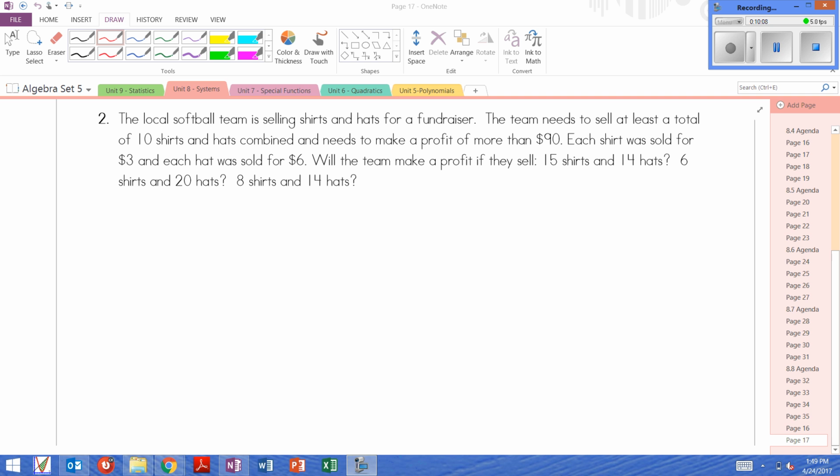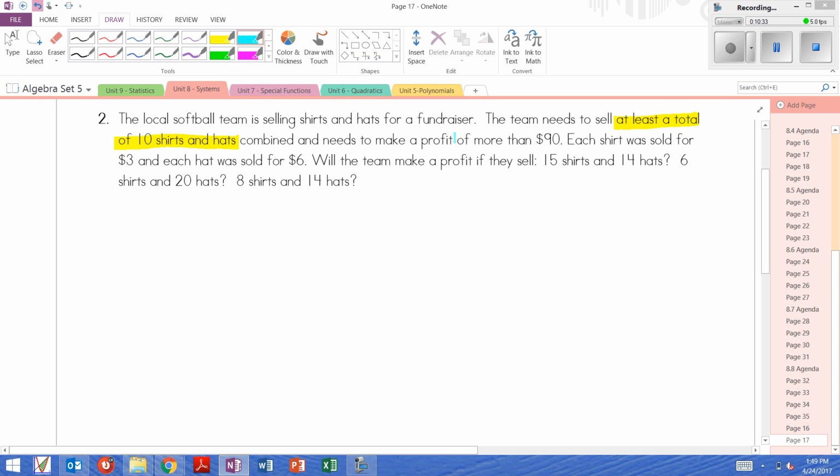Heading over to question number 2, we can see that the local softball team is selling shirts and hats for a fundraiser. And the team needs to sell at least a total of 10 shirts and hats combined and needs to make a profit of more than 90. Right away, I'm noticing that we are talking about at least a total of 10 shirts and hats.